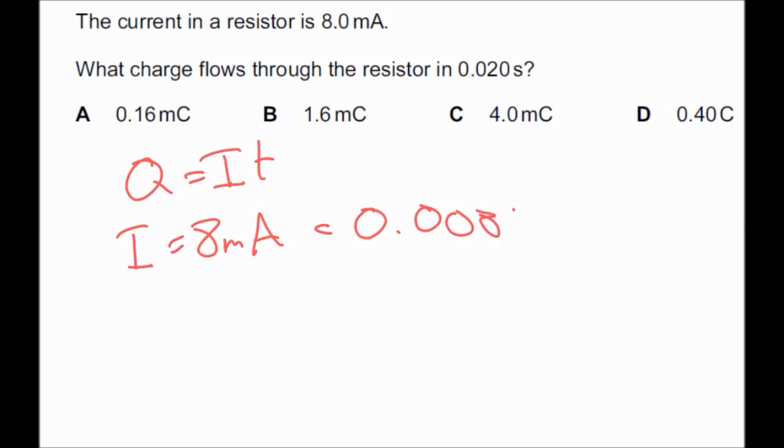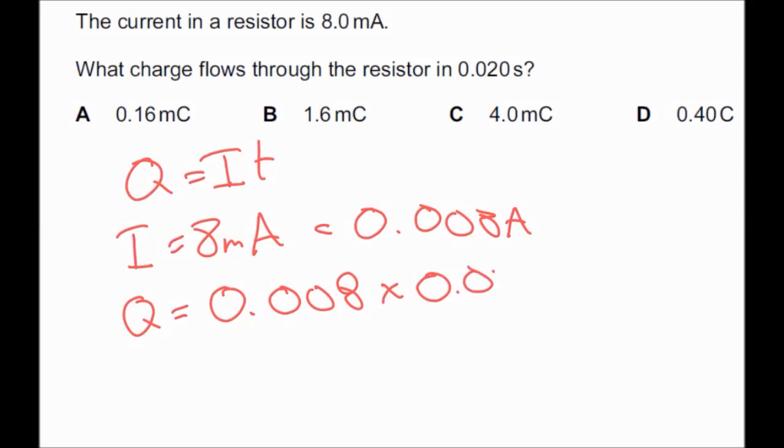So Q is equal to 0.008 multiplied by 0.02, and you get an answer of 1.6 times 10 to the minus 4 coulombs, which is the same as 0.16 millicoulombs, A.